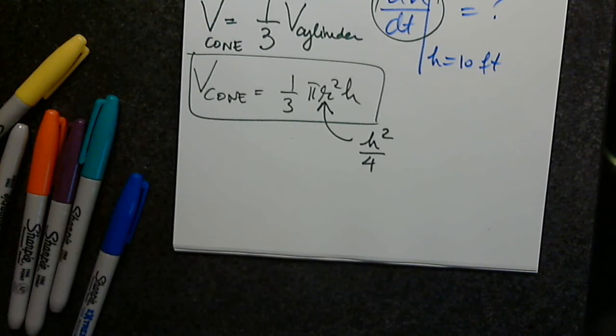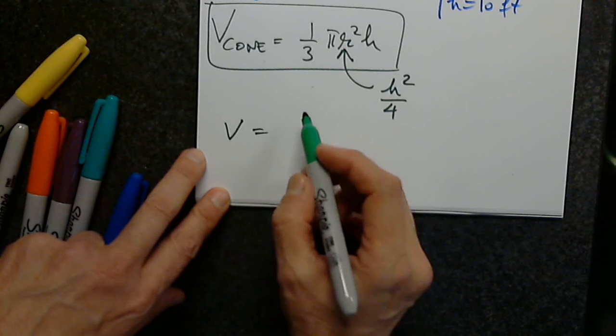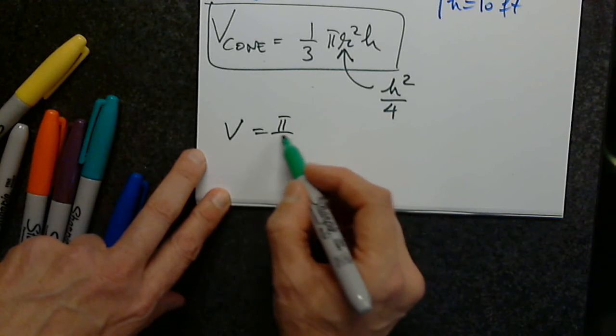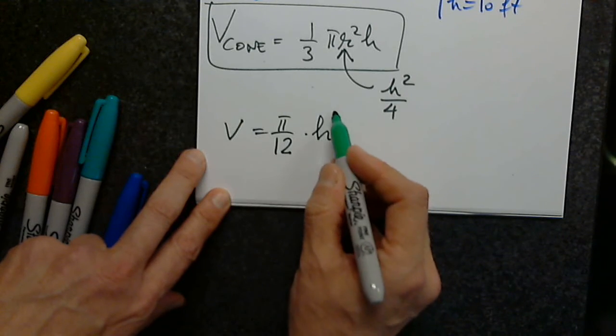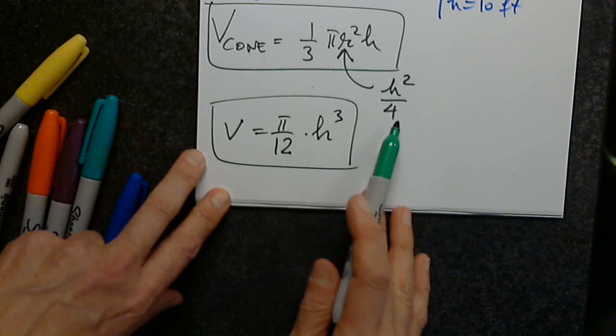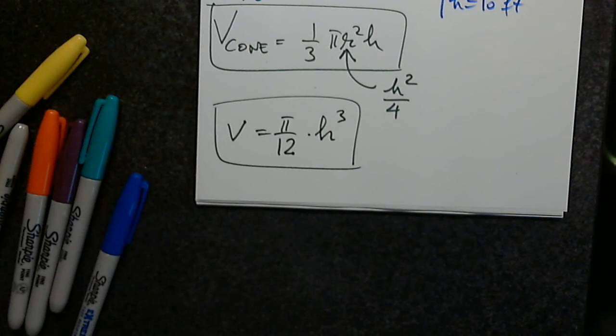Agreed? Okay, so then the volume is pi over 3 times 4, which is 12, times h cubed. So pi over 3, the 4 in the denominator, the h squared times h is h cubed.